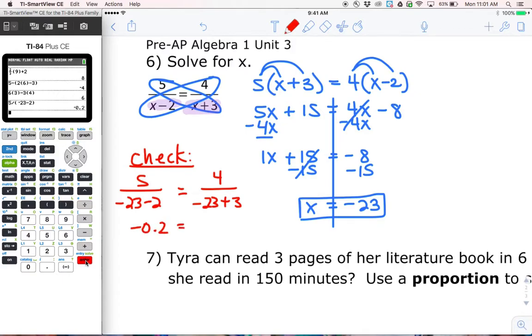Hopefully the right side also gives us that number. Here we go. 4 divided by (negative 23 plus 3). And this time we're getting, all right, negative 0.2. Remember, if the number makes the left side equal to the right side, we know that we are correct.